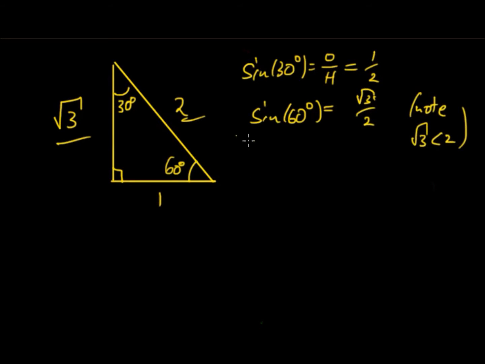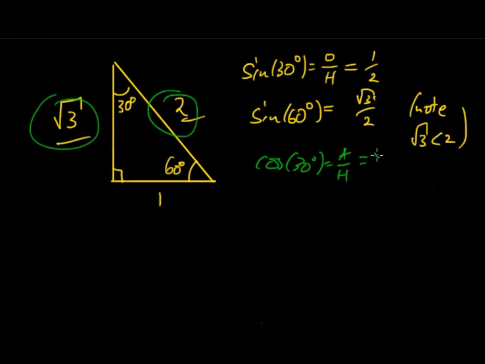Then if we wanted to look at cos, cos 30 degrees is equal to adjacent over hypotenuse, so we get root 3 on 2. And then cos 60 degrees is equal to adjacent over hypotenuse, which is equal to 1 on 2.